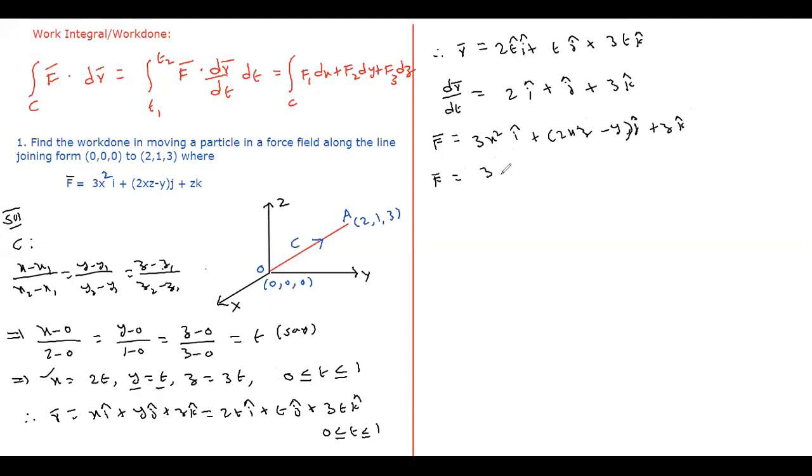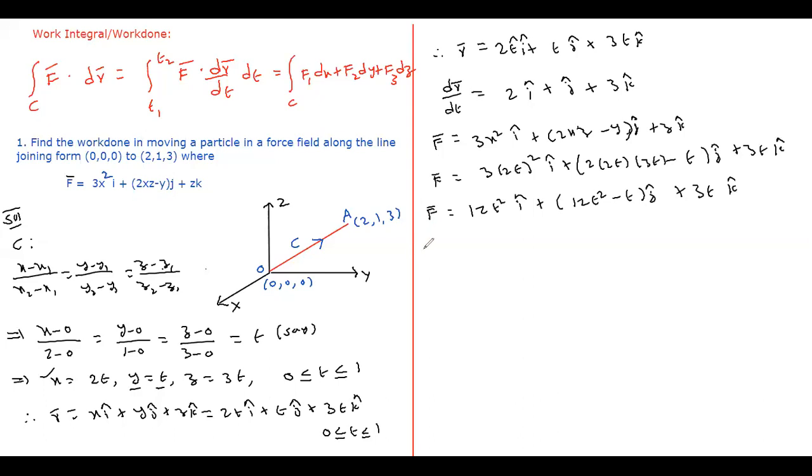So this is 3 into (2t) whole square i bar plus 2 into 2t into z, which is 3t, minus y, which is t, j bar plus z, which is 3t, k bar. So f bar is 2 2s are 4, 3s are 12t square i bar plus 2 2s are 4, 3s are 12t square minus t j bar plus 3t k bar.